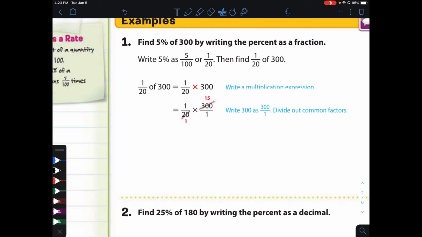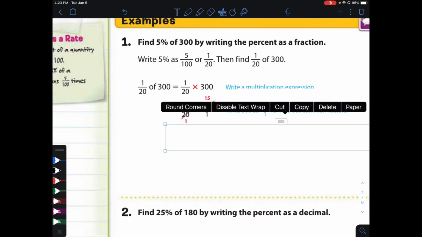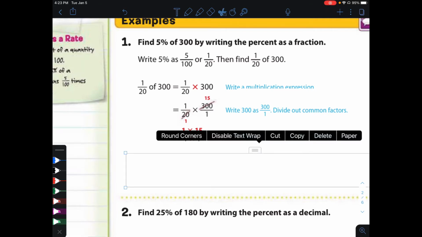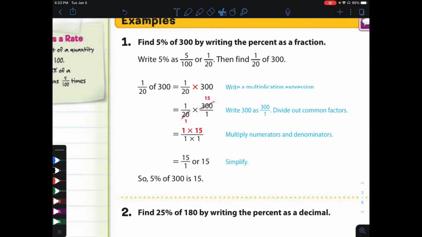So 20 divided by 20 is 1, and 300 divided by 20 is 15. After that, we simply multiply 1 times 15, and 1 times 1. By doing that, we end up with 15 over 1, or 15. So 5% of 300 is equal to 15.